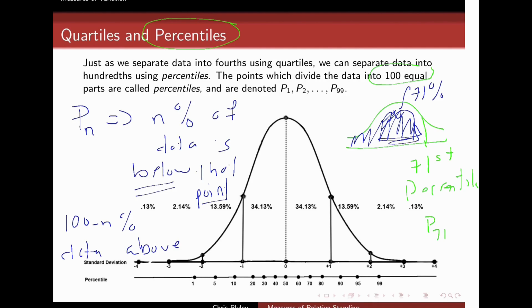So if I tell you that this is the 71st percentile, that means 71% of the data is below that point. And what percentage of the data do you think is above? Well, it's just whatever's left. It's 100 minus 71, which is 29. So the nth percentile separates n% of the data below that point from whatever is left above that point.